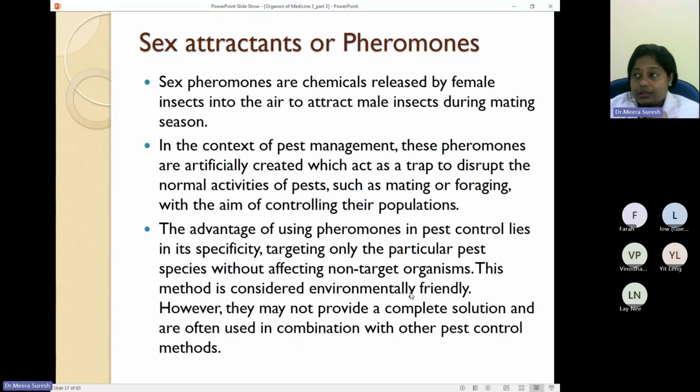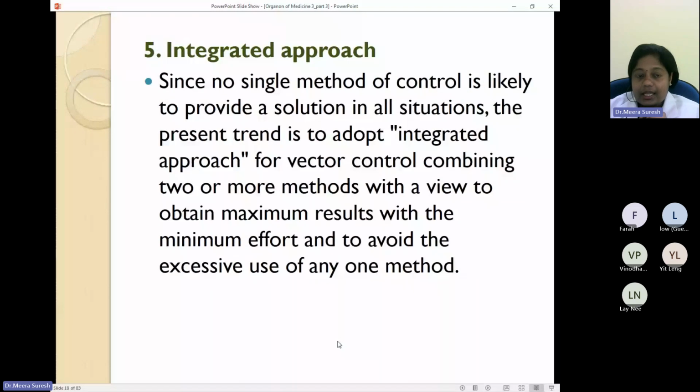However, this is not totally effective or not a complete solution. We have to use other methods also. So these are the different methods, and finally, we can say that there is no single method. We explained the environmental method, the insecticides or the chemical method, the biological method, and the genetic control.